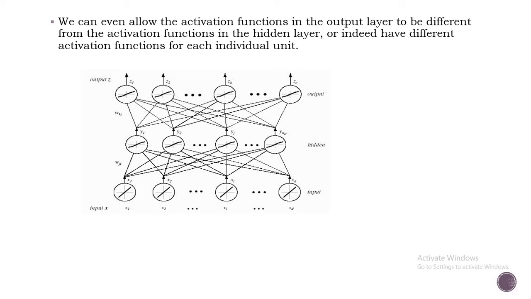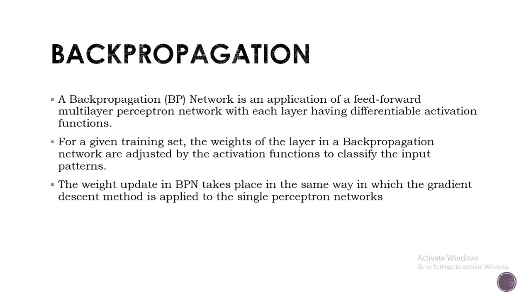This is a picturization of the above equation, or a graph of the above equation. We can even allow the activation functions in the output layer to be different from the activation functions in the hidden layer, or indeed have different activation functions for each individual unit.